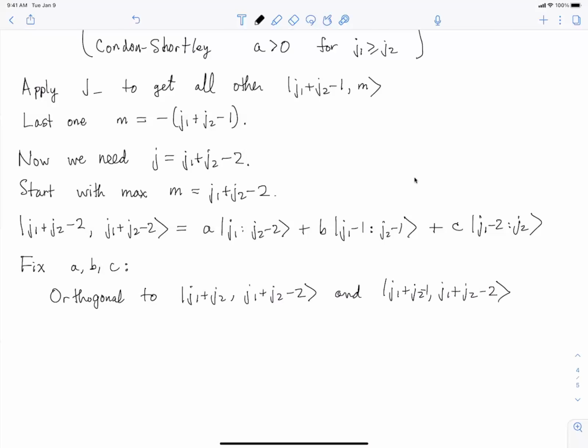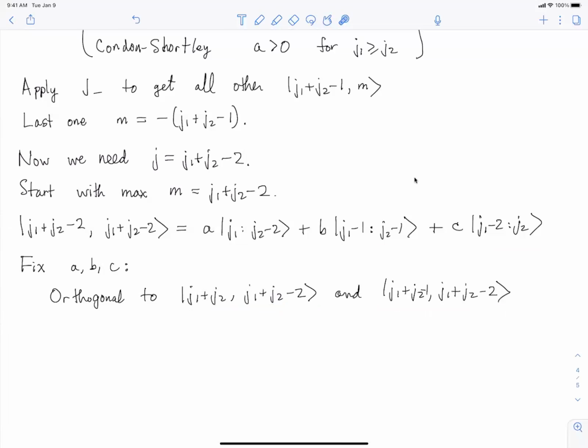Okay, so these are states that we've already found, and they have a different value of J, namely J1 plus J2 and J1 plus J2 minus 1 instead of J1 plus J2 minus 2. And so these 2 states both must be orthogonal to that, and that gives you 2 equations.